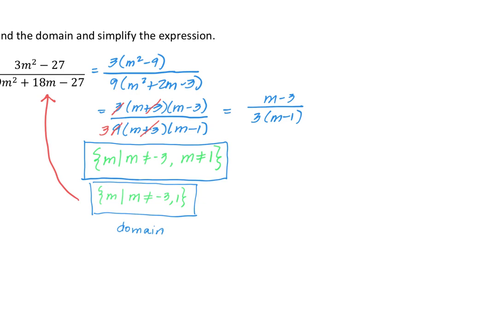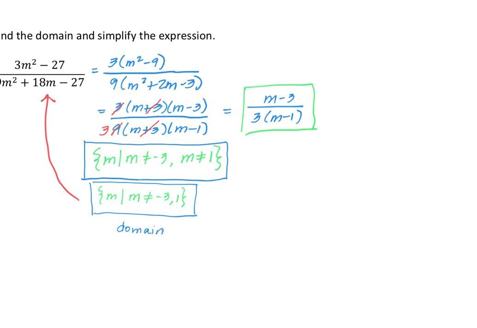Notice in this simplified expression, the m plus 3 is gone. So if I were to find the domain after simplifying, I lose the m not equal to negative 3, which again makes the original expression undefined. So that's my caution. If you're finding the domain for a rational expression, find the domain before you start reducing and canceling.